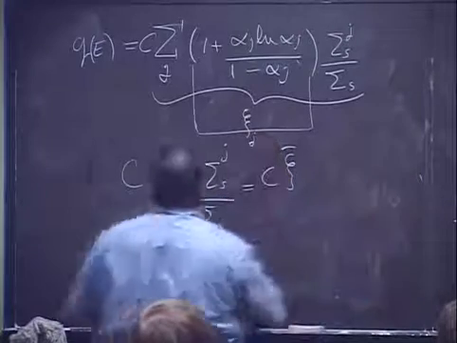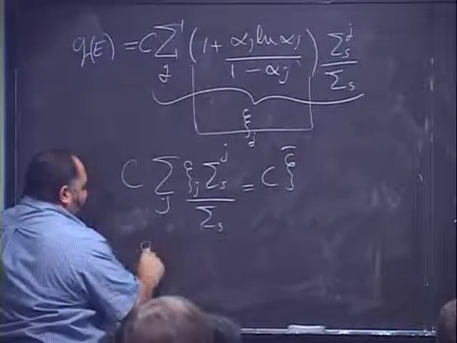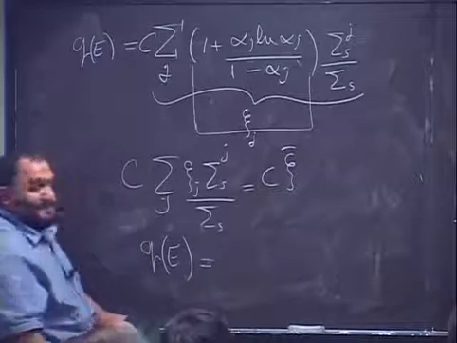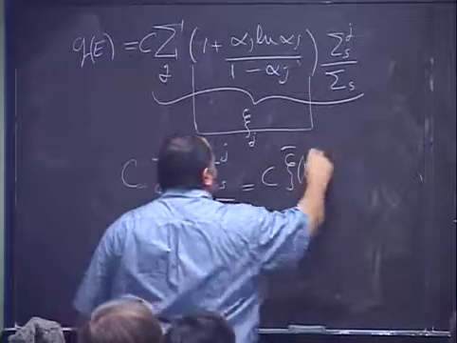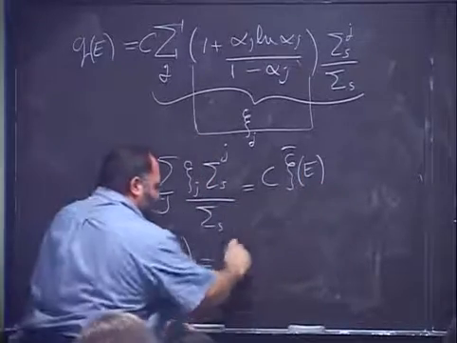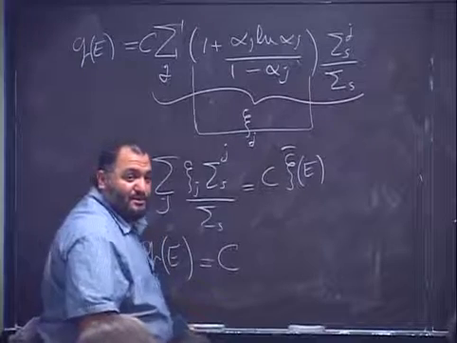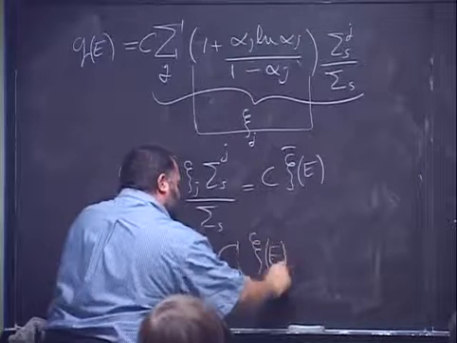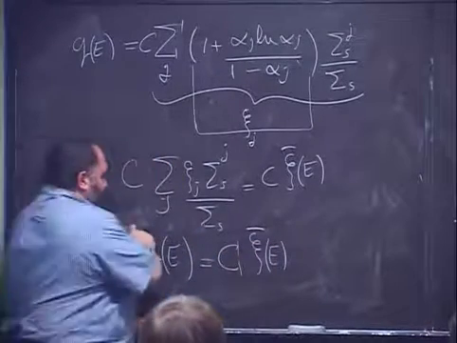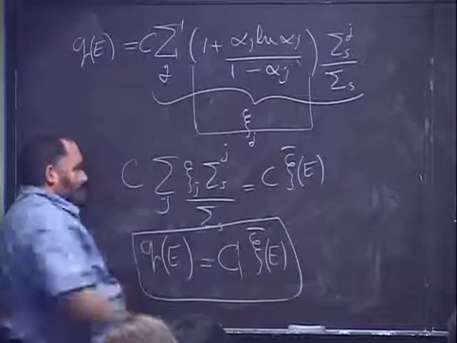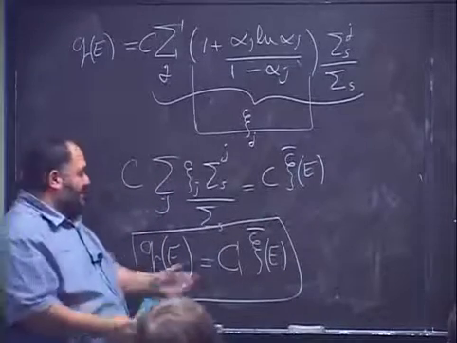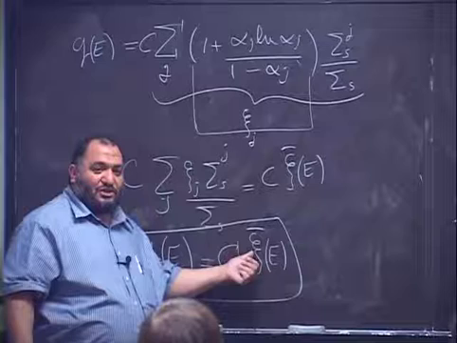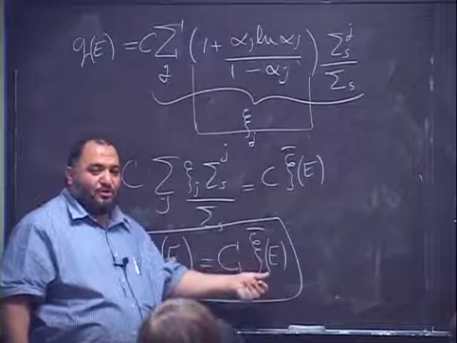So now, we reach a conclusion that the slowing down as a function of energy is just equal to some constant multiplied by the average Xz as a function of energy. So the slowing down is just some constant multiplied by the average logarithmic energy loss per collision, average over all isotopes.